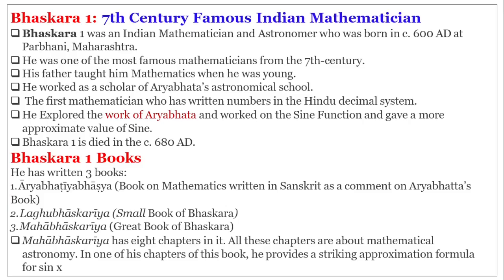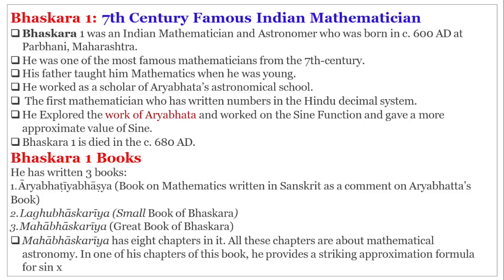He wrote 3 books. One was Aryabhattiya Bhashya, which is a commentary on the contributions of Aryabhatta. He tried to simplify the principles that were laid down by Aryabhatta. Then there is Laghu Bhaskariya, and then there is Mahabhaskariya.